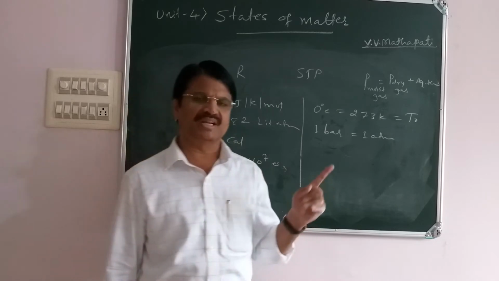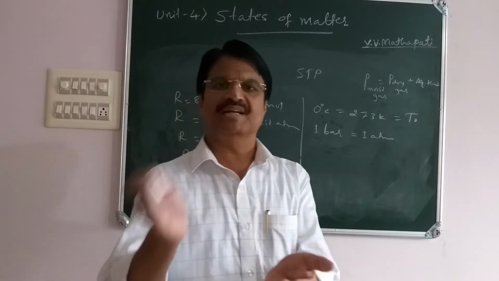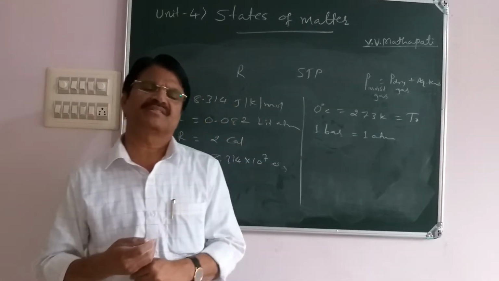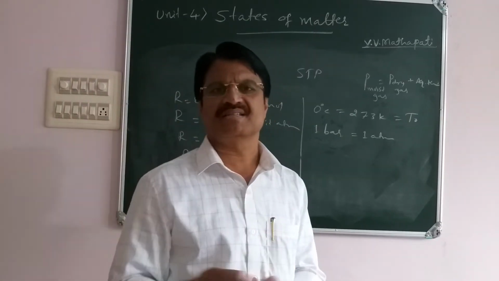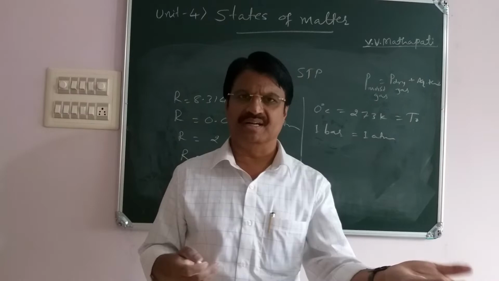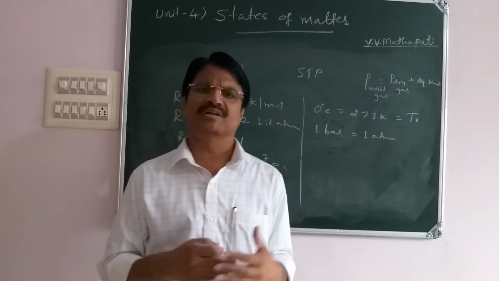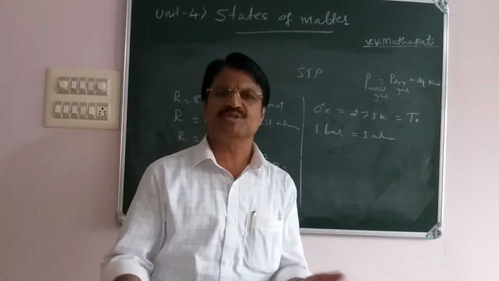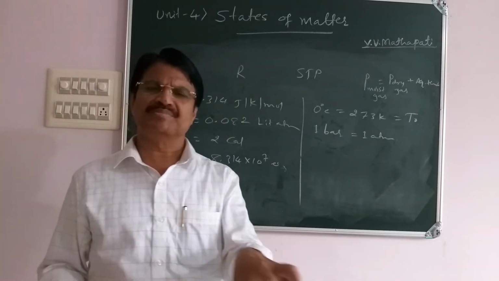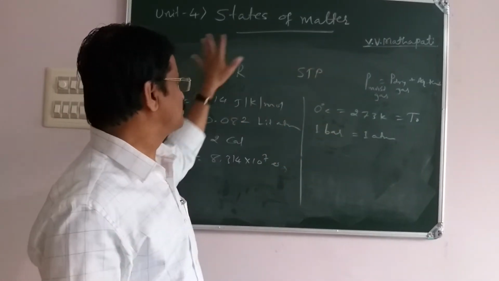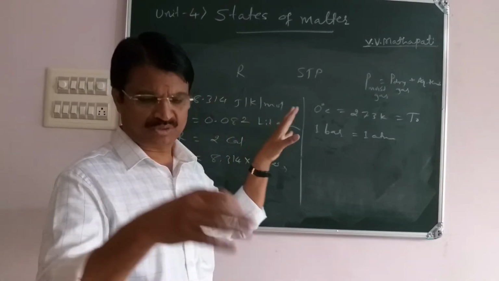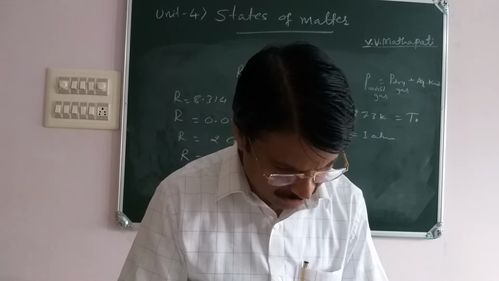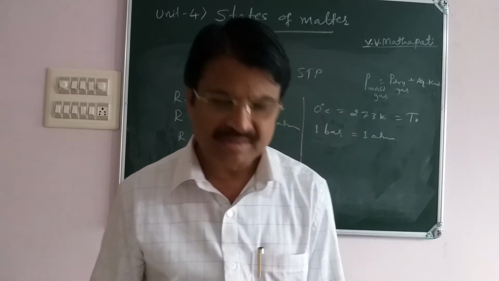Critical temperature is the temperature above which the gas cannot be liquefied. Like this we can go on defining these terms, but only statements we remember, and there are no problems on this. The main problems will be solved using these data and formulas. So almost all points in theory are covered.